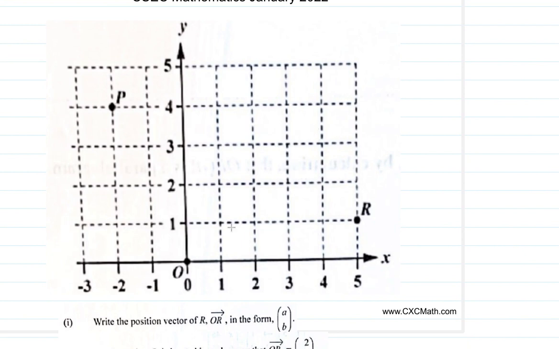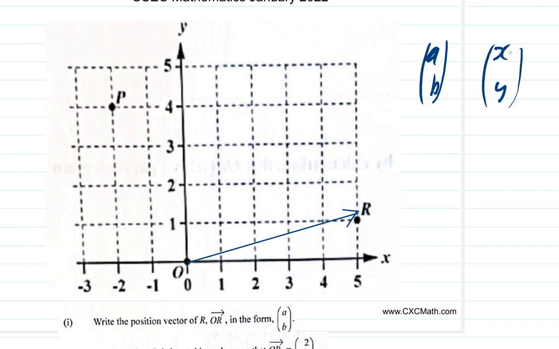OR. Remember, OR means you're going from O to R. Now, remember that column vector is in the form X, Y. X means how far do you go horizontally.